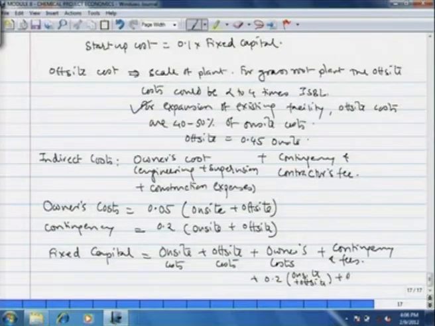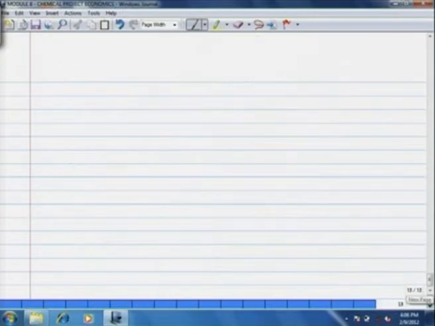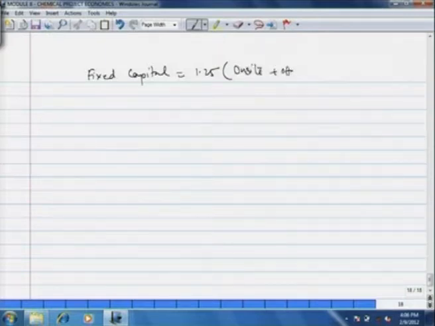This is 0.05 times on-site plus off-site, and then this is as it is, and therefore, we have a simple expression for fixed capital, that is 1.25 times on-site plus off-site cost.